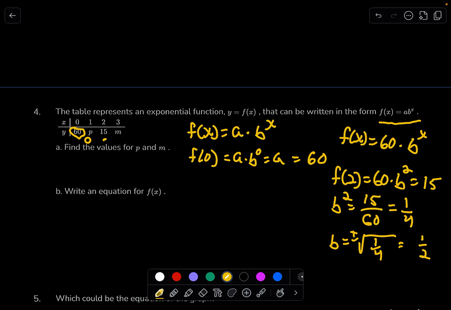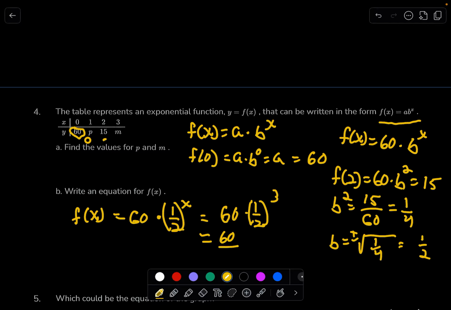So now we have b, we have a, we know the equation will be f of x equals 60 times 1/2 to the x power. So if you want to know when x is 3, it's going to be 60 times 1/2 to the third power, which is 60 over 8, which is 15 halves.